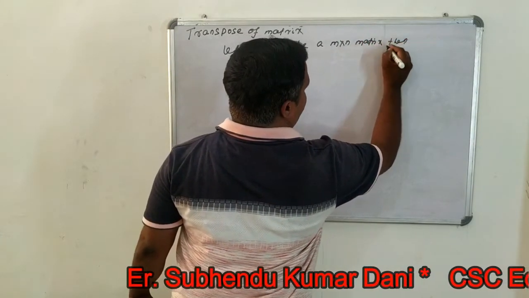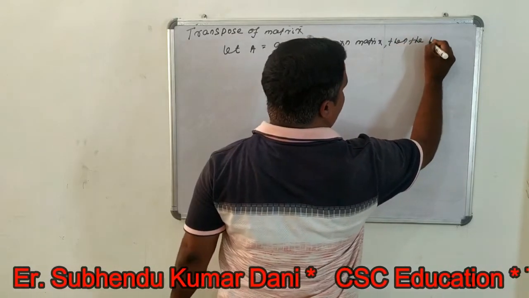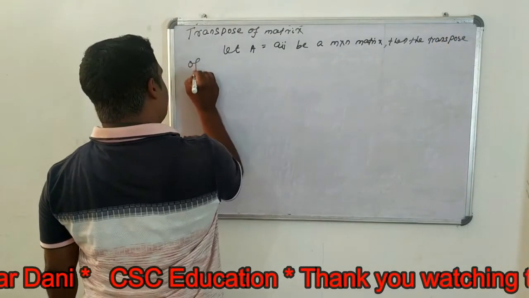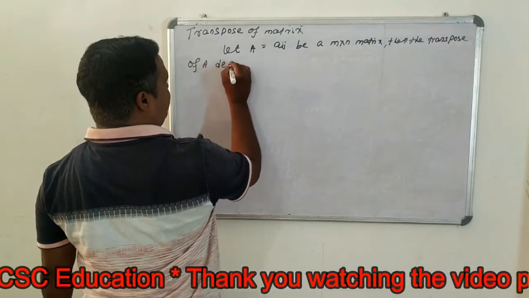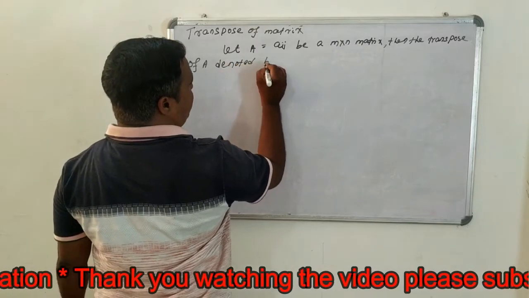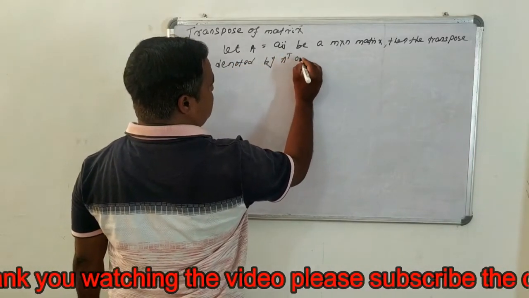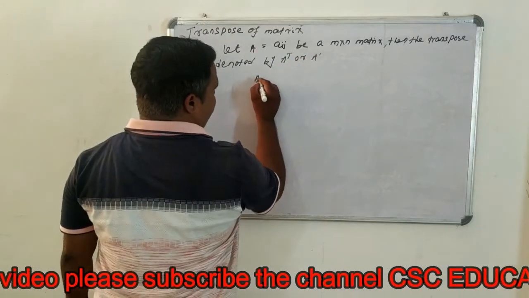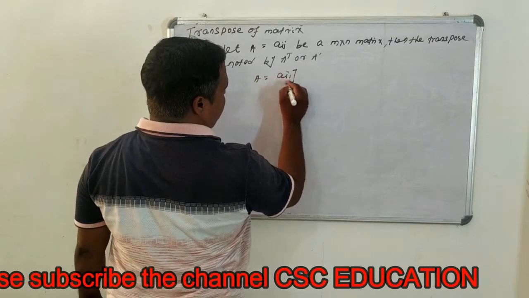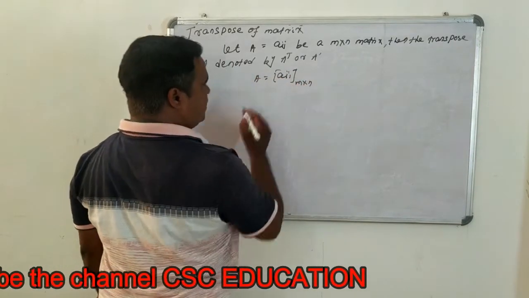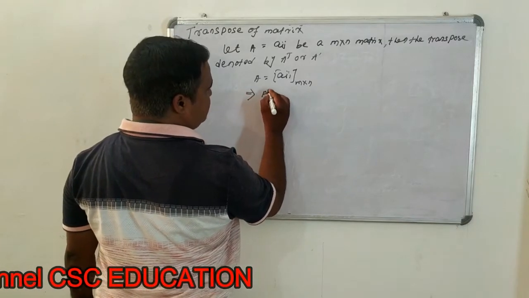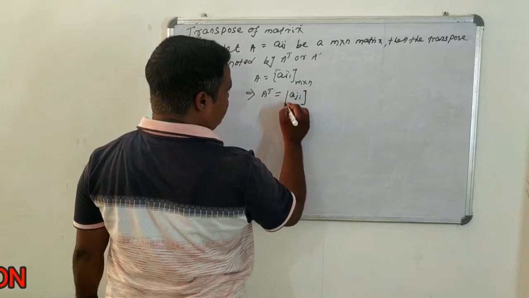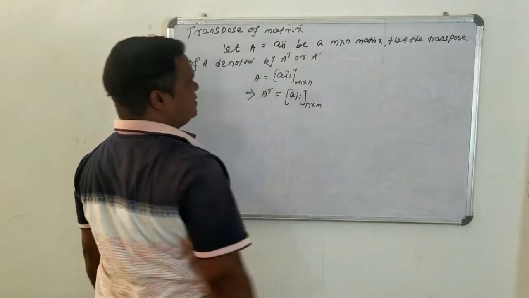Then the transpose of the matrix A is denoted by A transpose or A prime. So suppose A equals Aij, an M by N matrix, then A transpose equals Aji, an N by M matrix.